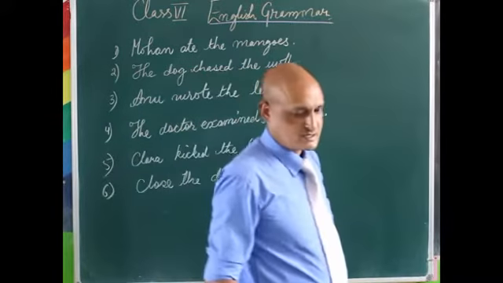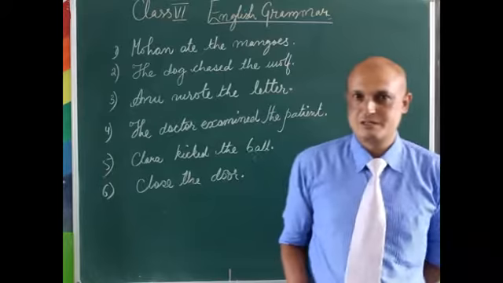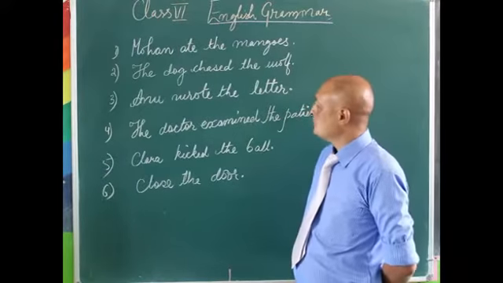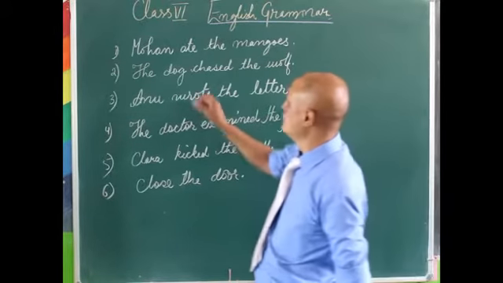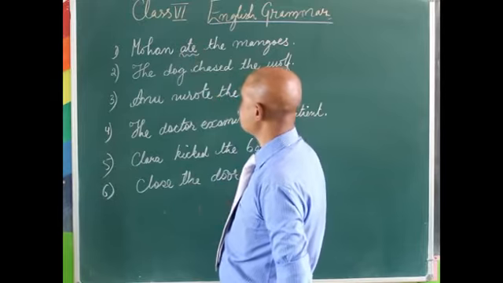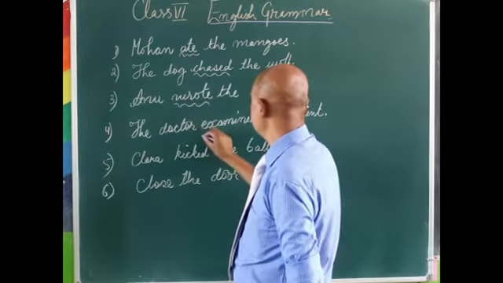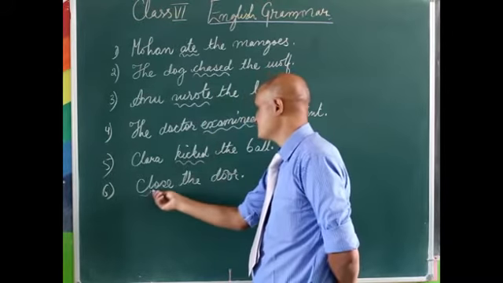In the sentences given here on the board, I have skipped certain things. I didn't mention them. And those words which I skipped are words like ate, chased, wrote, examined, kicked, closed.